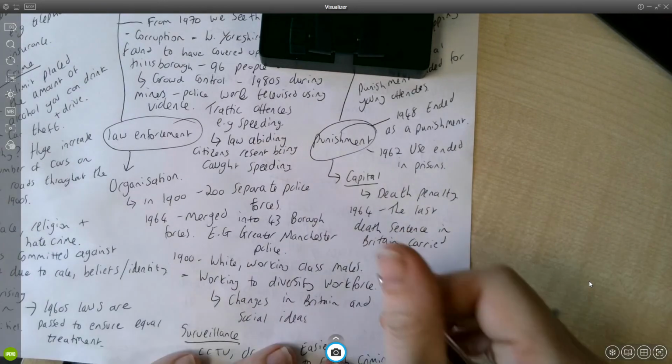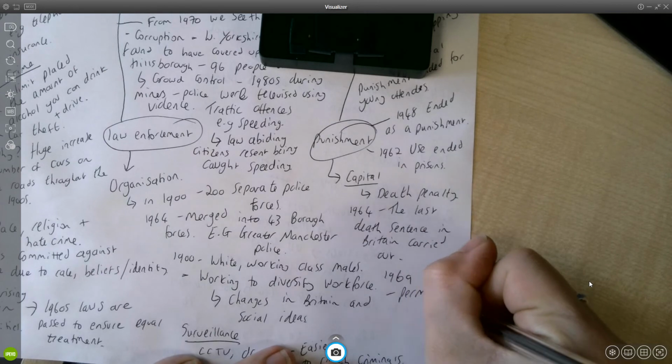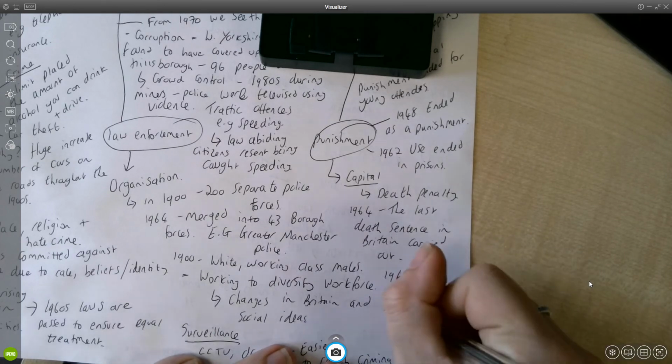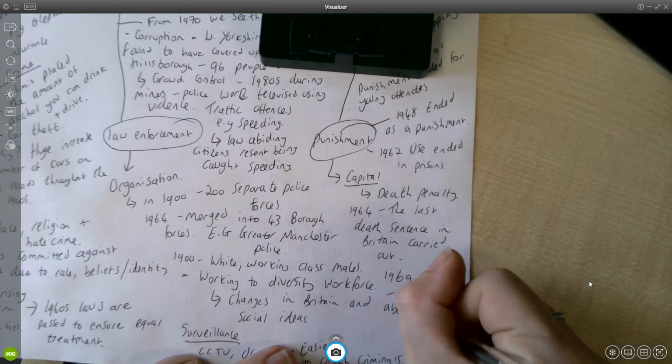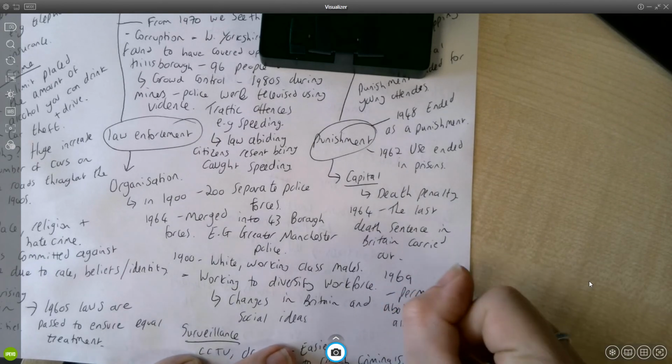And in 1969, it was permanently abolished for all murders.